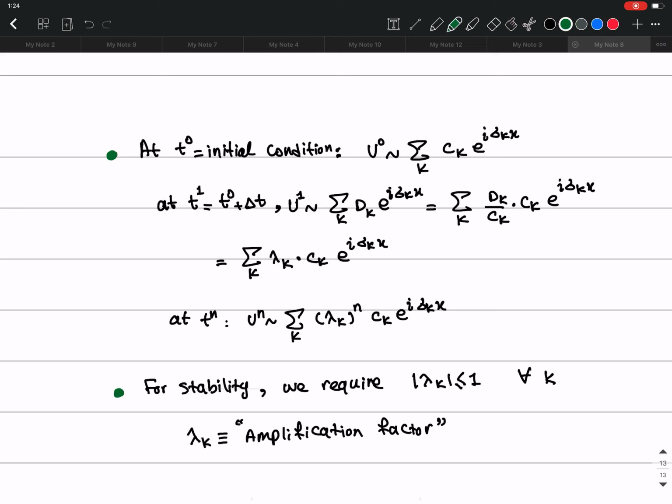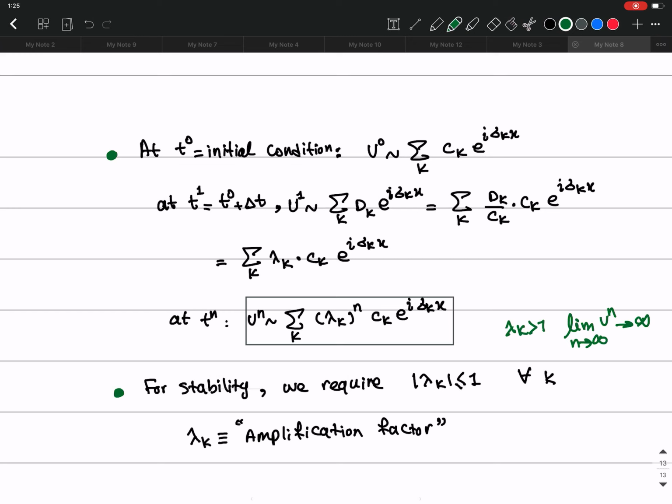If your lambda k is greater than 1, then un, in the limit as n goes to infinity, as time goes on, is also going to go to infinity, right?